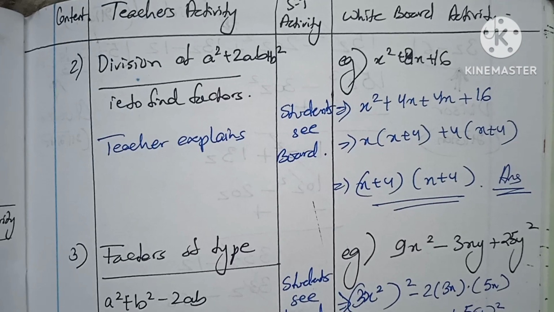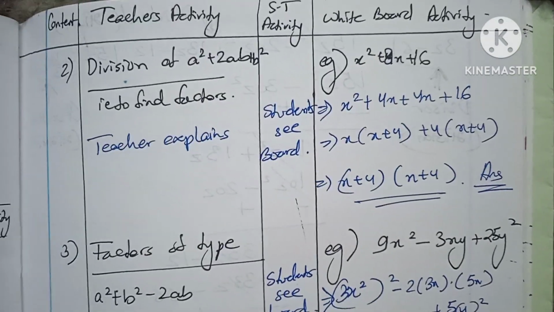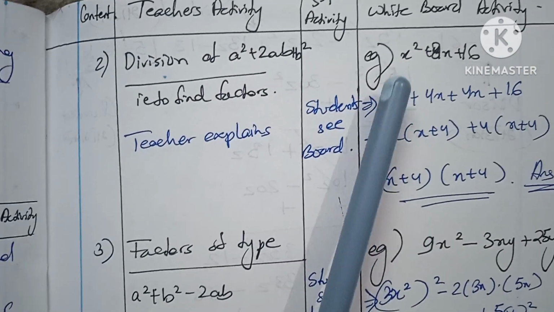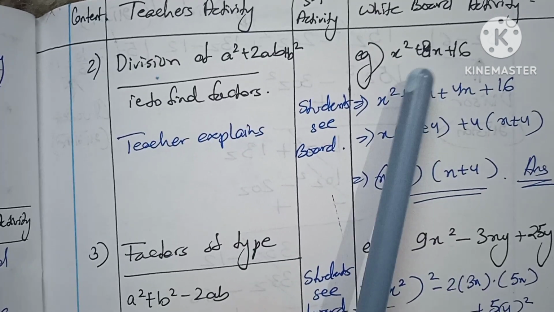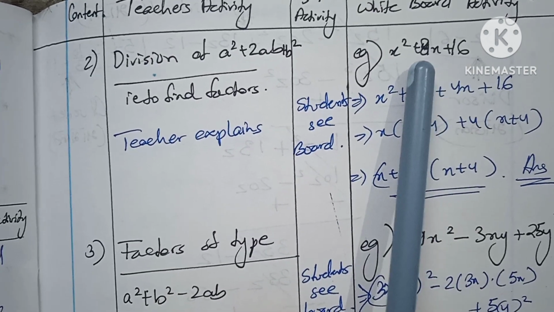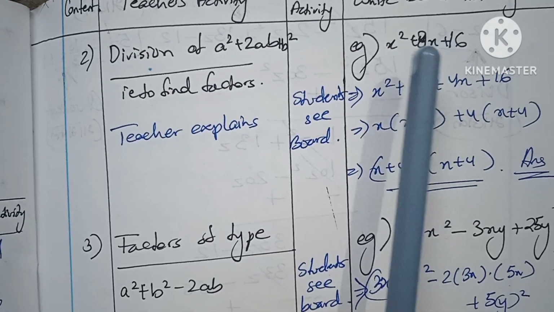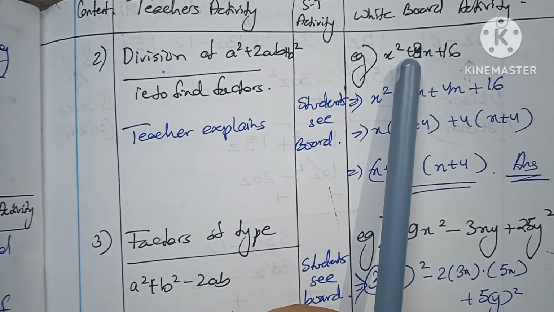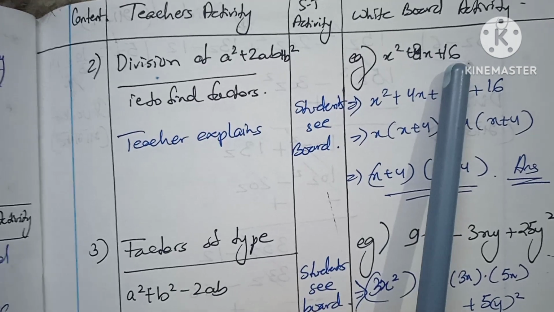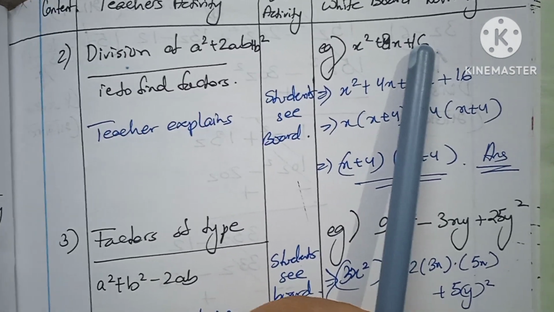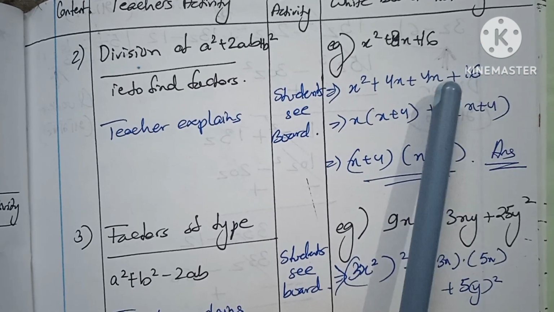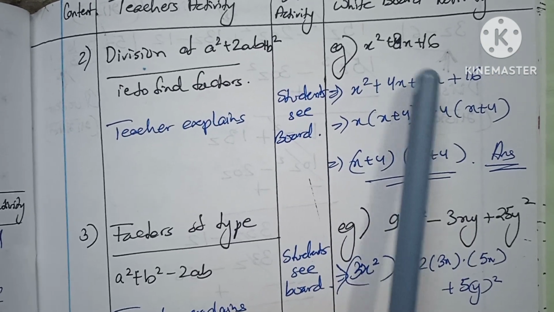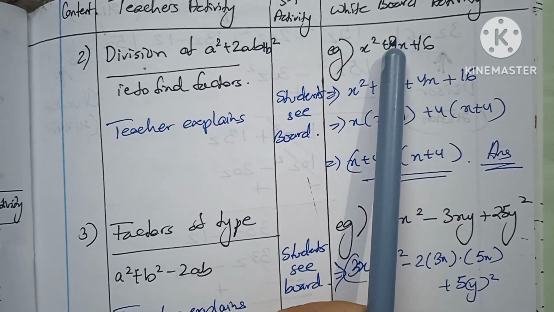When we have to find the factors, we have an example x square plus 8x plus 16. What we have to do is find two numbers whose sum is 8 and whose product is 16. We see 4 into 4 gives 16, and 4x plus 4x gives 8x.